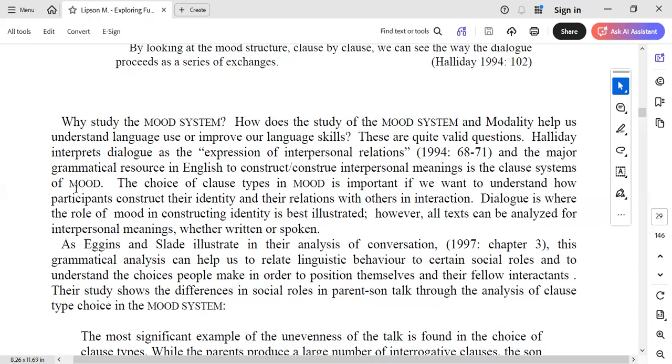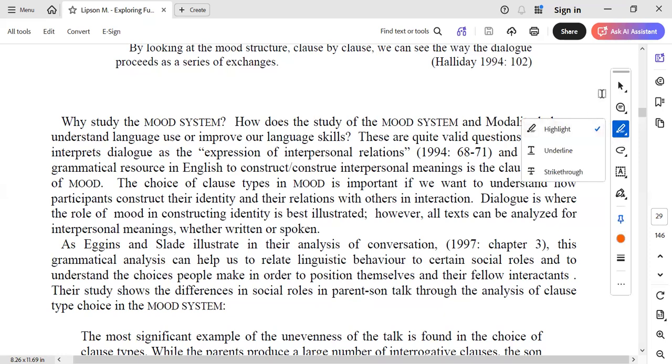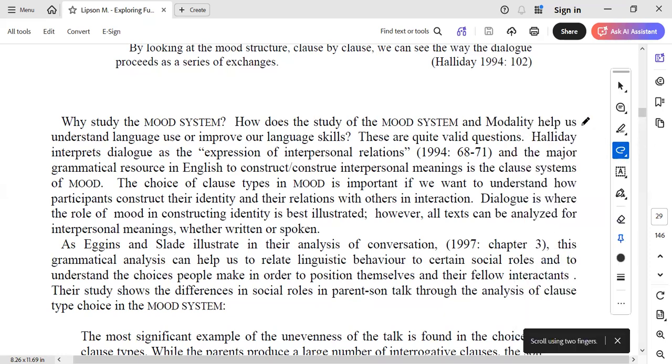Now, what is mood? There are three elements of the mood which you have to keep in mind. Let me use the pen for this. So you have to understand it has three forms.